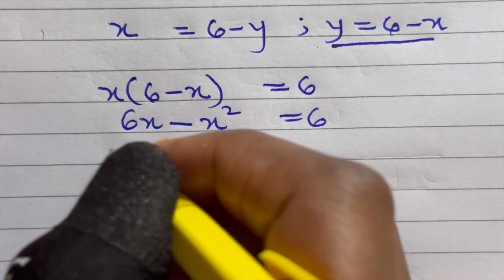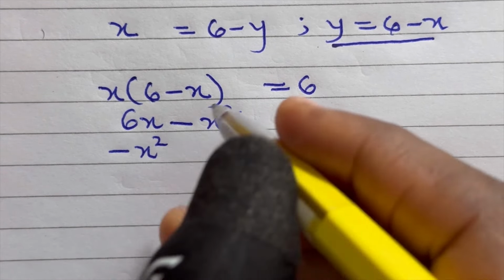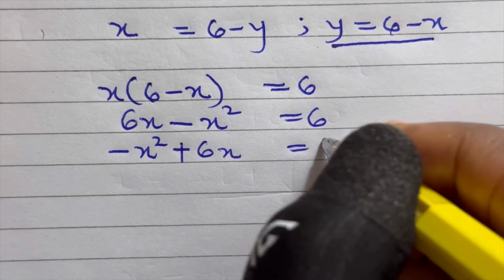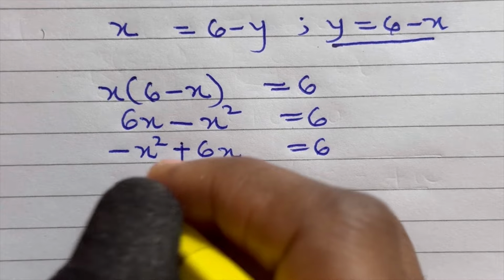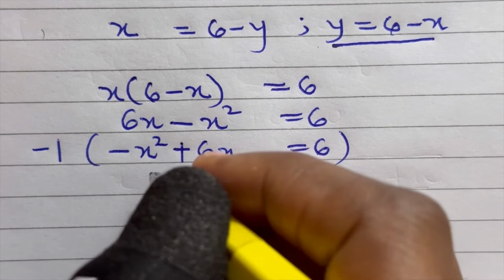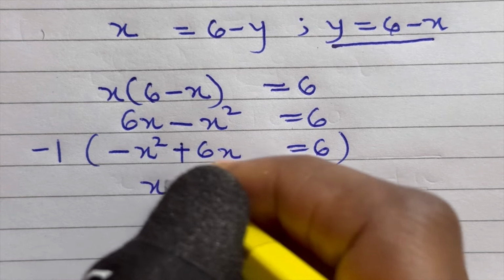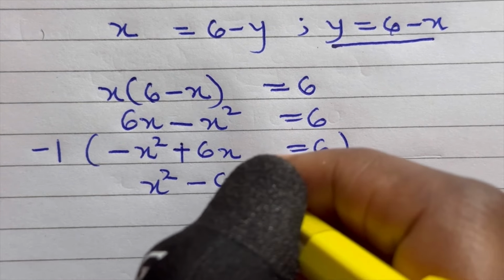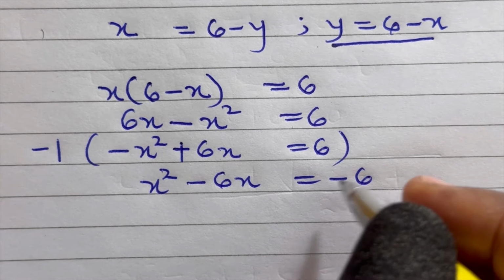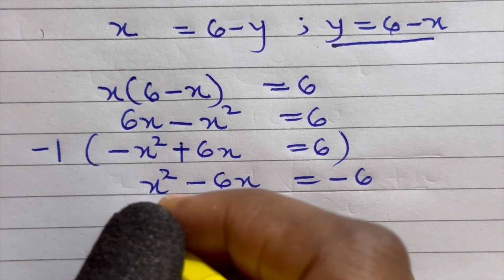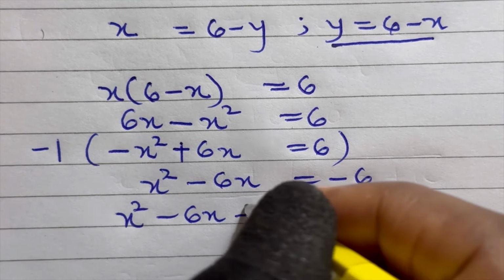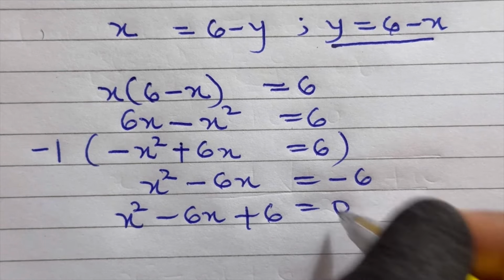I can rearrange this as negative x squared plus 6x is equal to 6, or multiply through by minus 1, so that this gives us x squared minus 6x is equal to negative 6. Let's bring everything to the left hand side so that we have x squared minus 6x plus 6 is equal to 0.